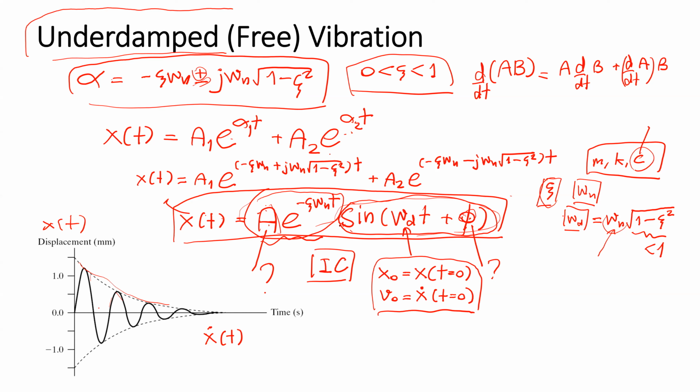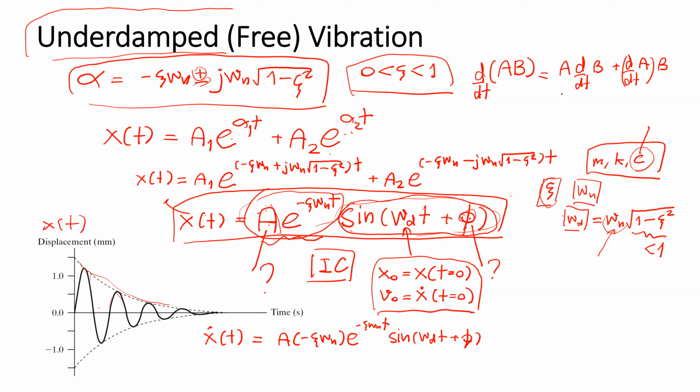So x dot of t is equal to the first term, A times minus psi omega n times e to the power of minus psi omega n t, multiplied by the second term, sine of omega d t plus phi.